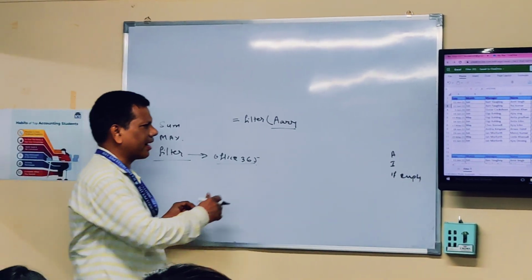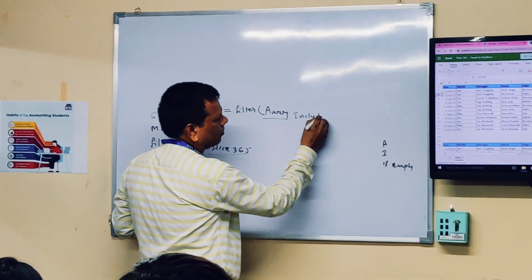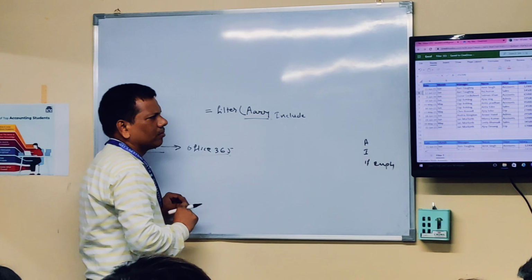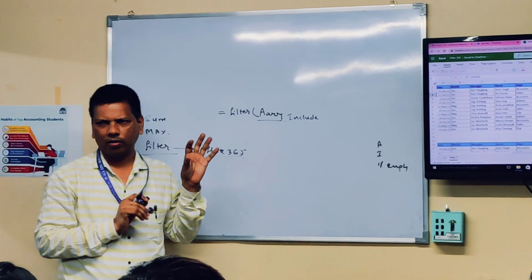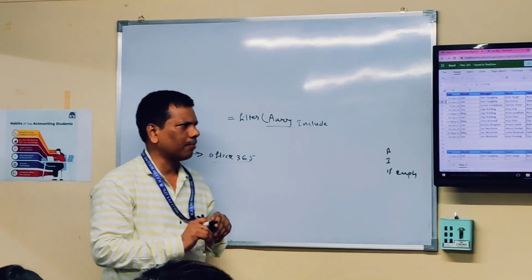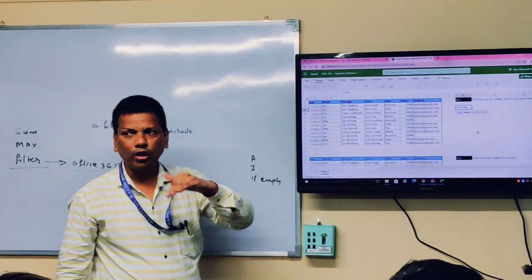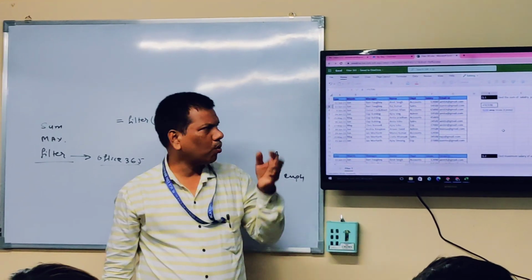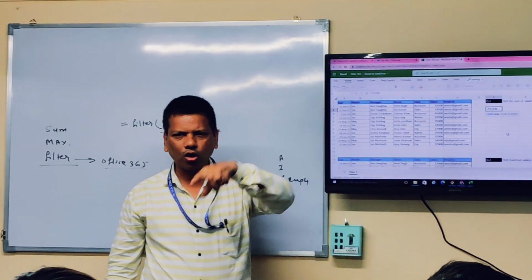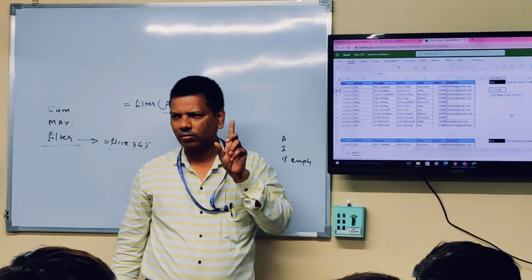Yes. Now, the second option we have is include. What do you mean by include? For example, this is the entire data and we call it the array. Out of the entire data, what is your requirement? What did I ask you initially?